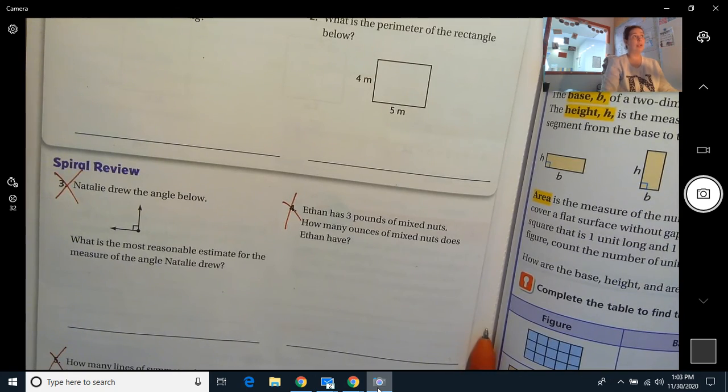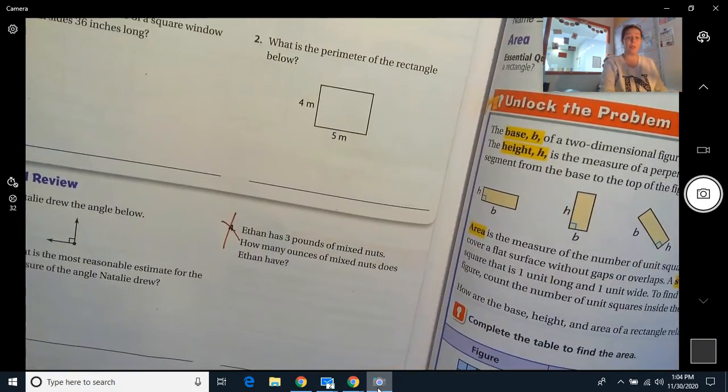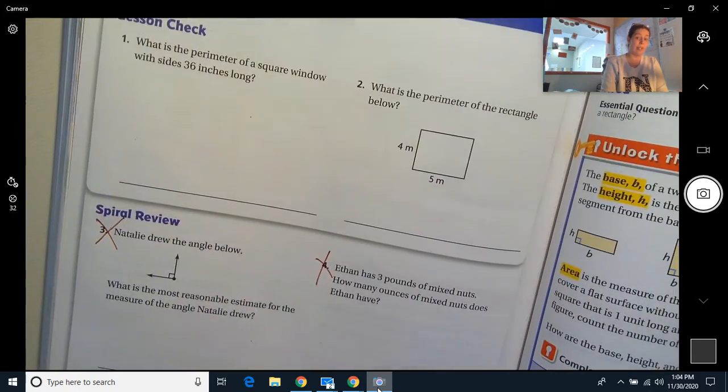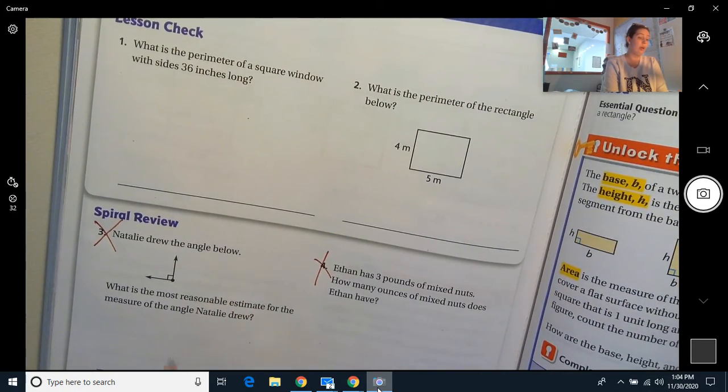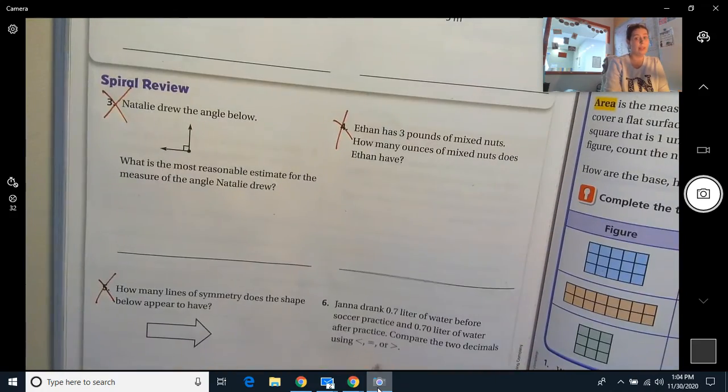Because I'm pretty sure I know exactly who it is. And if need be, I'm going to call home. So my friend that keeps deciding to disrupt our math lesson, you may be getting a phone call home if you continue to do so. So on page 722, no number 3, 4, and 5. So you're doing number 1 and 2, and then number 6.